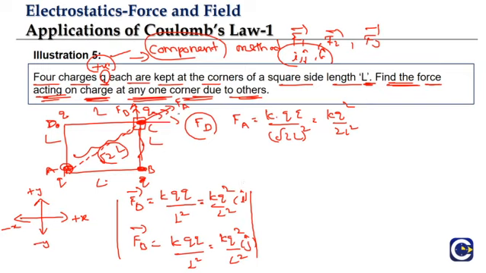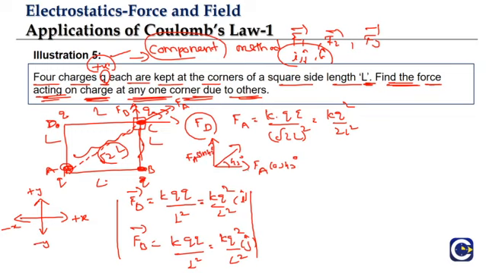Now the tricky one is the force because of the charge at corner A. It is along neither the x-axis nor the y-axis. If you see it clearly, it is in this direction, and since in a square the diagonal bisects the angle, the angle is going to be 45. So if you take the components, it will be FA cos 45 and FA sin 45.